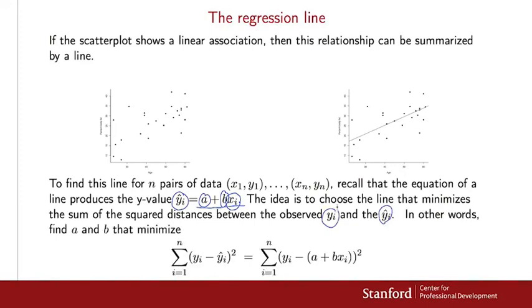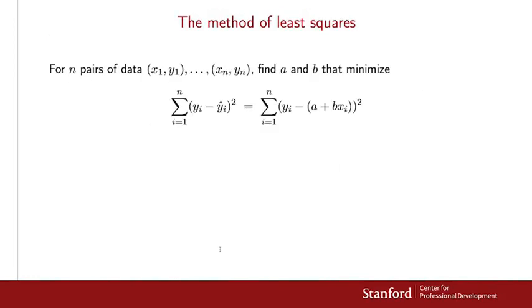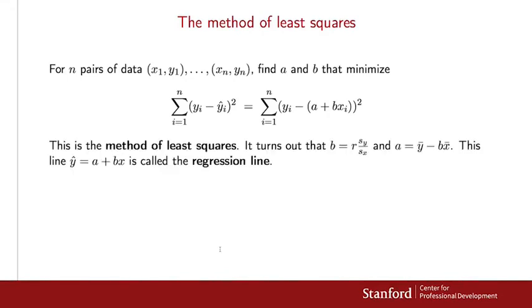One way to do that is to look at the difference between yi and yi hat, square it up and sum it over all the observations, and then we want to find a and b to minimize that sum. Minimizing that sum in a and b can be done either by calculus or simply using software on the computer. The whole idea is called the method of least squares.